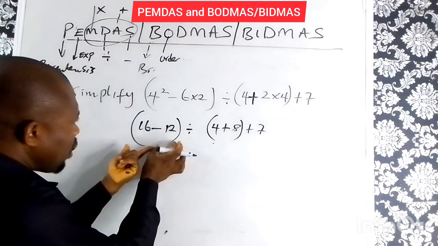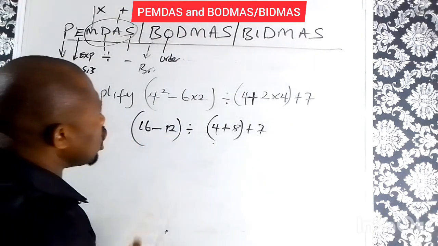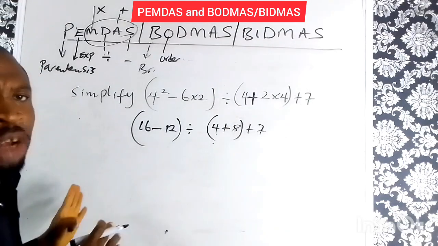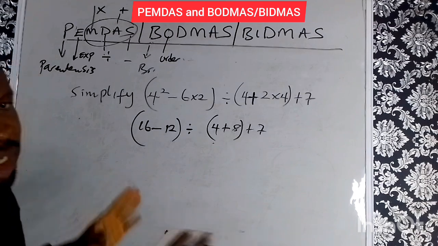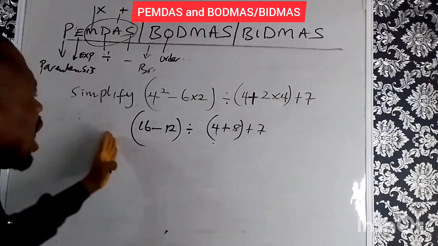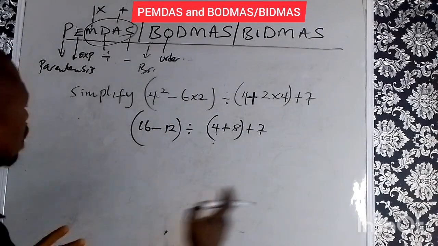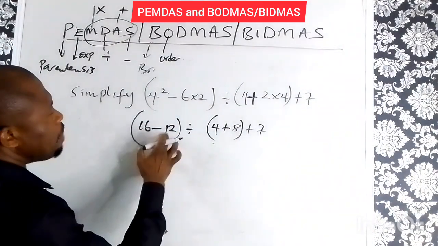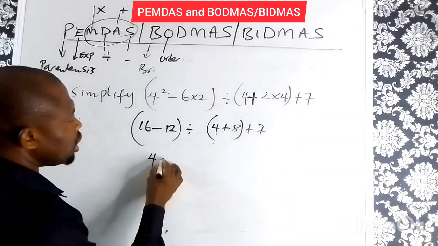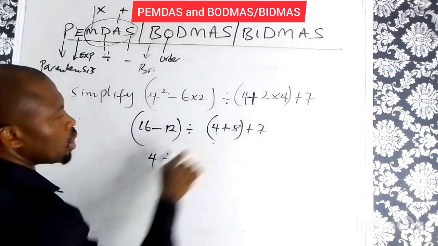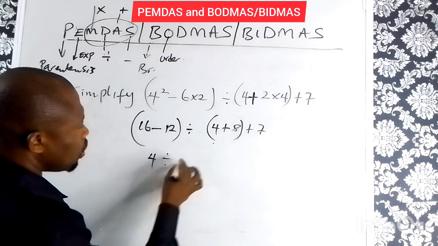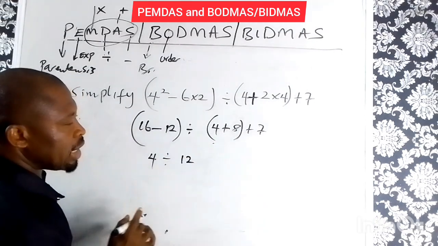Having done with what we have in this bracket, if you are subtracting or dividing or adding, remember the left hand order, left to right, please, left to right. Now we have 16 minus 12 will give us 4 here, divided by this 4 plus 8, which will give us 12. Now we have 12 on this side plus 7.